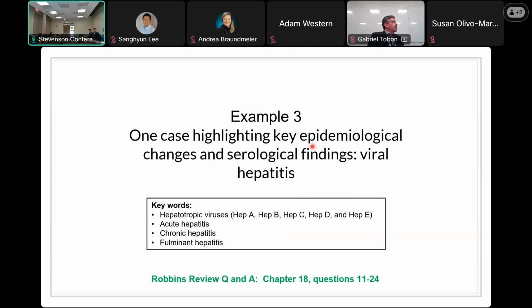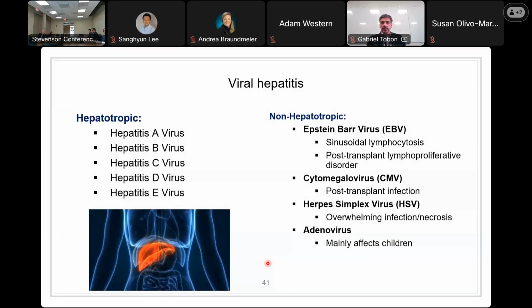The third example is a different one because this is specific for viral hepatitis. So we also use the different chapters and questions that they can answer, for example, in Robbins Review of Pathology, to have this knowledge. And for viral hepatitis, this is the traditional presentation, talking about the different infections, hepatitis A, B, C, D, and E, different infections that can also affect the liver.